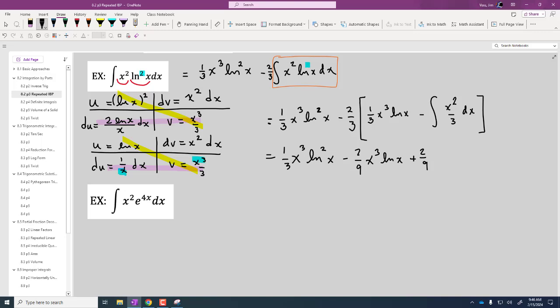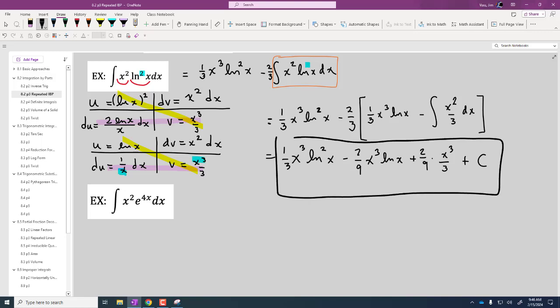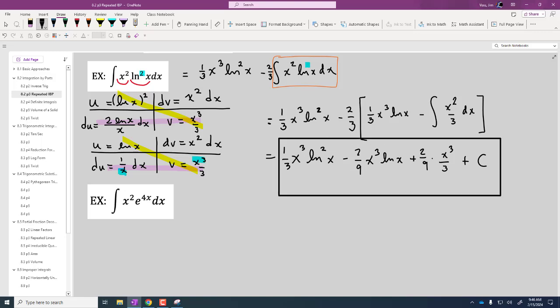We get x cubed over 3 when we integrate that, plus C. So this will be our antiderivative, and the only thing we can do is combine this coefficient here and make this 2/27. So we could combine those two.